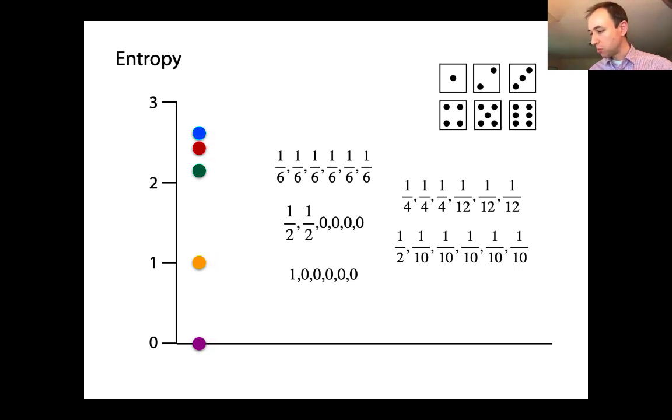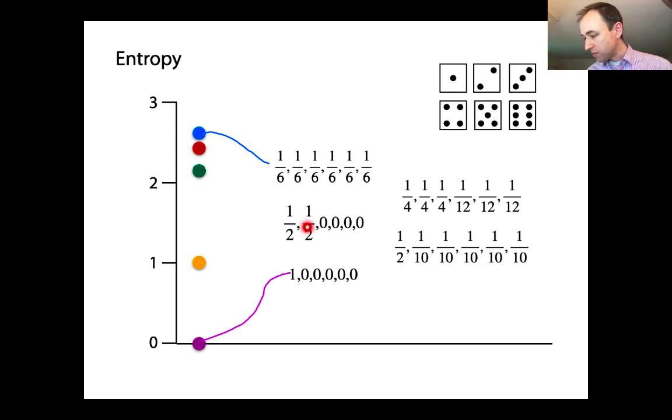So do we know which is which? Well, which do you think is the highest one? It's got to be this one, right? This is the one with the most surprise. There's the least lopsidedness. So this must be the blue one. And then which is the one with the least surprise? Well, that's definitely this one, right? The outcome is a foregone conclusion. So that's that one.